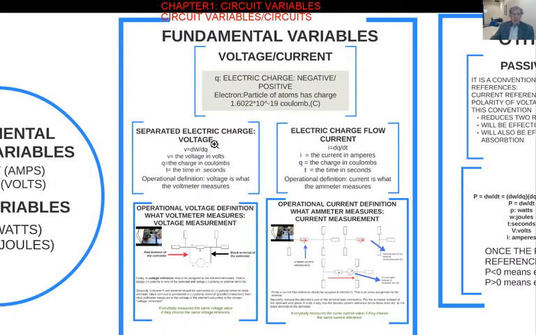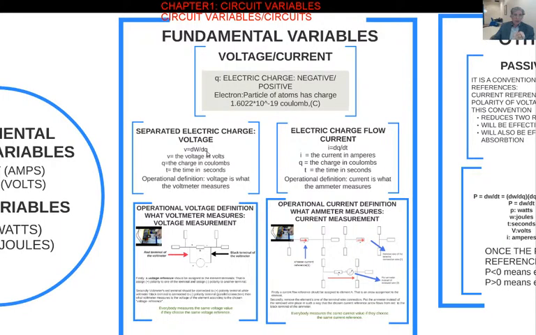So what is the voltage then? We have to define the voltage in terms of charge, and we have to define the current in terms of charge once again. So the basic physical quantity is charge. So v = dw/dq. W here represents the energy.